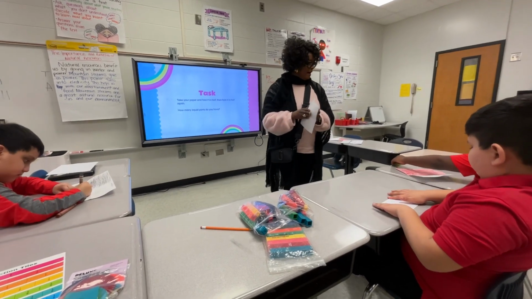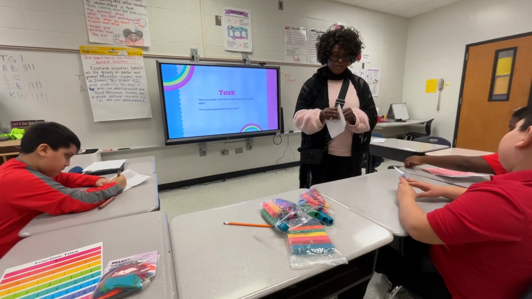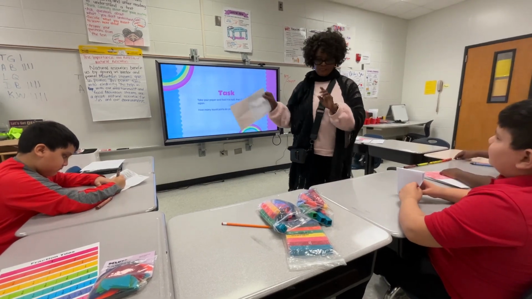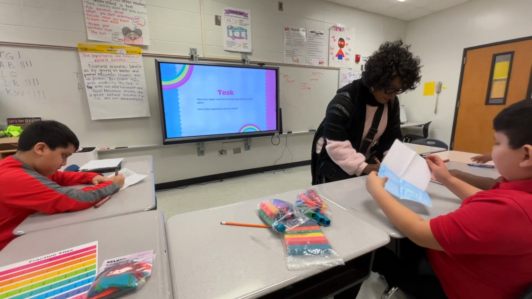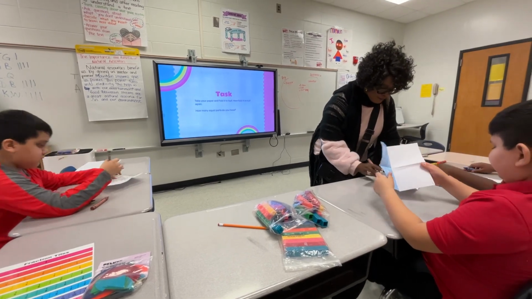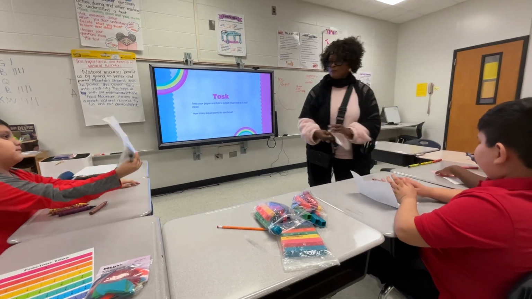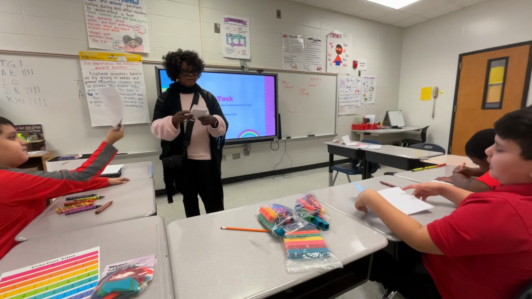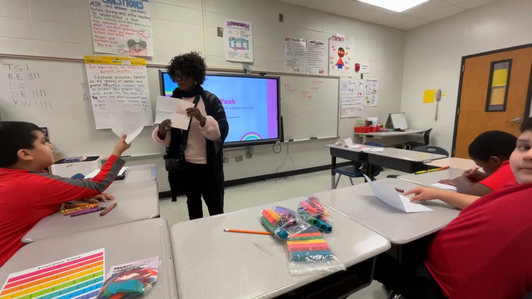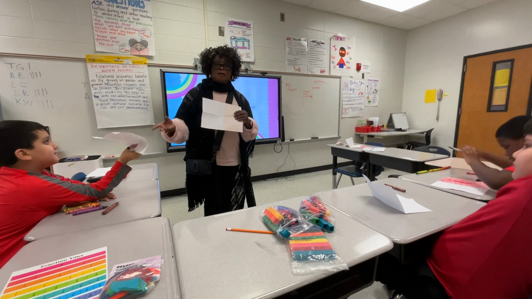So we know that when we folded in half the first time, it was 1/2, right? I'm gonna put 1/2 at the bottom of mine. Now that we folded again, how many pieces do we have? We have 4, but we shaded 2, so that means we have 2 fourths.